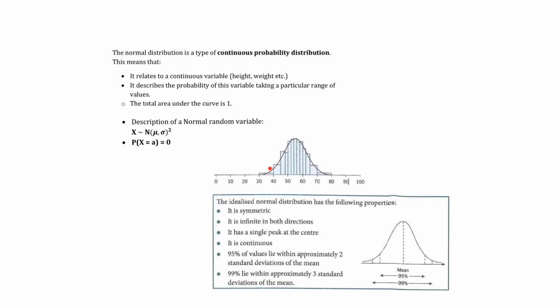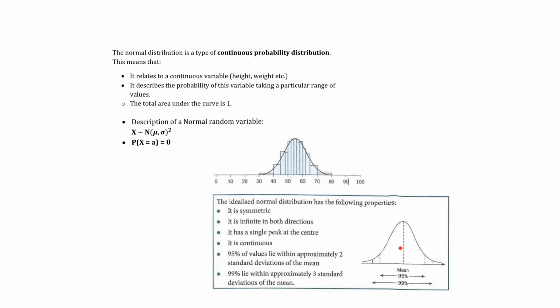In a normal distribution, there are relatively few very small or very large values at the ends, with the bulk of the distribution being concentrated around the middle value. It is infinite in both directions, as you can see over here. It has one peak at the center.